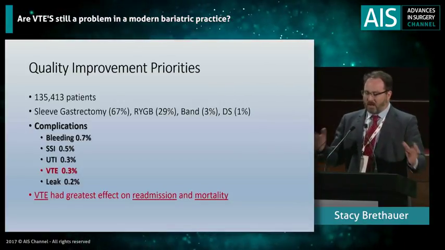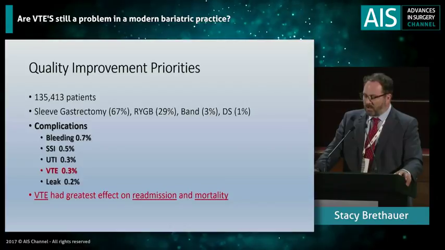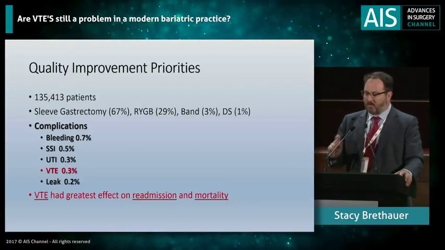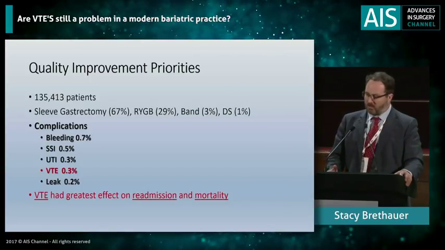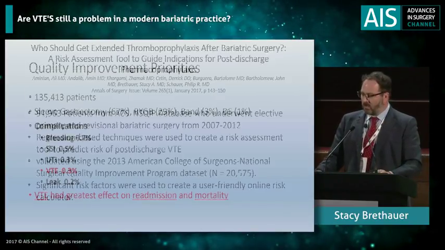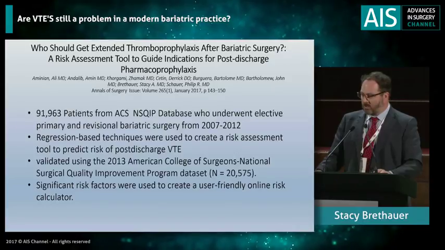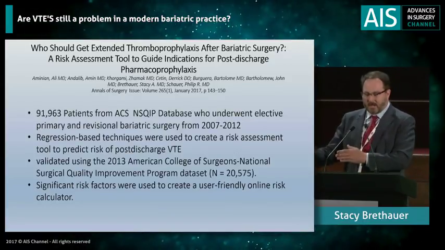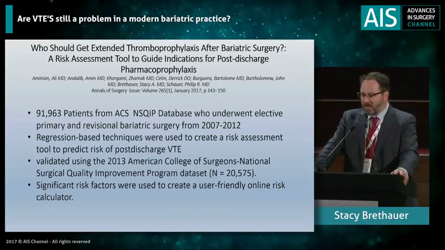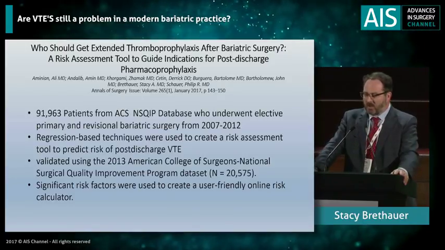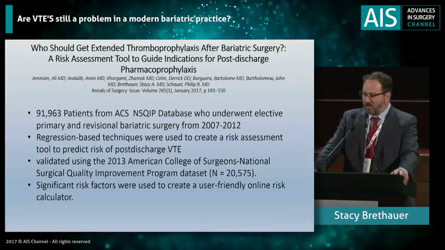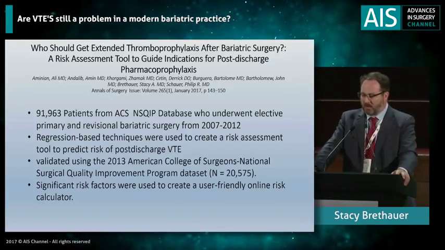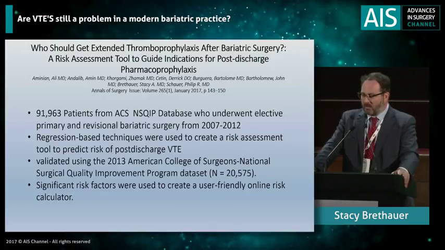When he did these pairings between the complication and the outcome, the complication that had the greatest impact on readmission and mortality was the VTE complication. And so he went back and validated this with another data set using about 20,000 patients from the American College of Surgeons NSQIP data set, which is more general surgery, but it has a bariatric component in it as well.